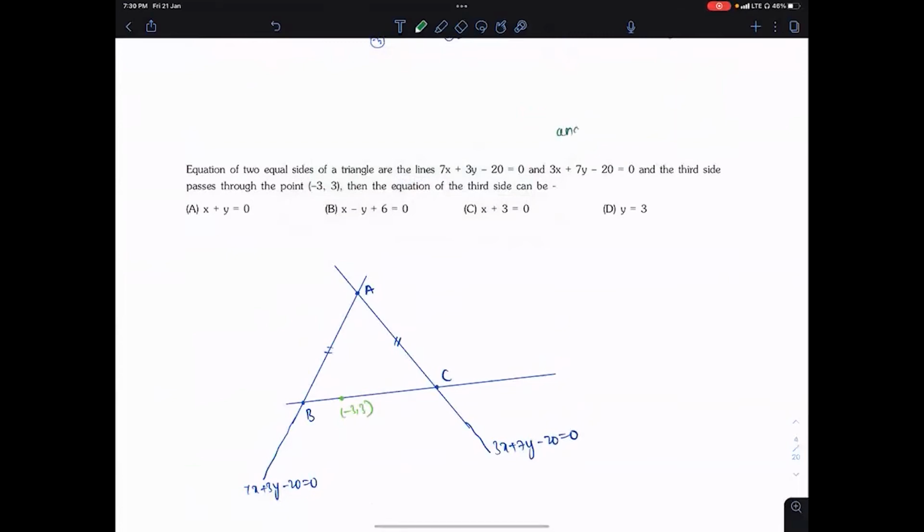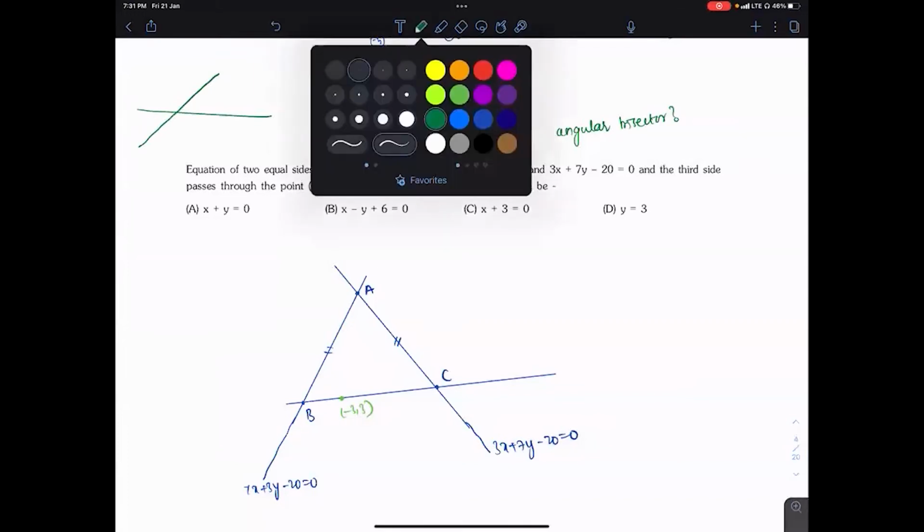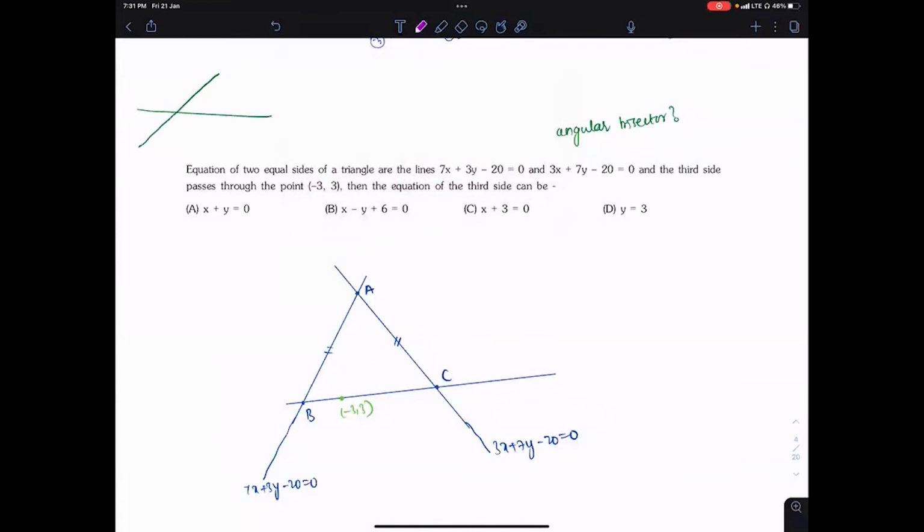I know you can't answer now on Zoom, just answer it to yourself. Angular bisector is nothing but a line which divides the angle between the two given lines into two equal parts, correct?